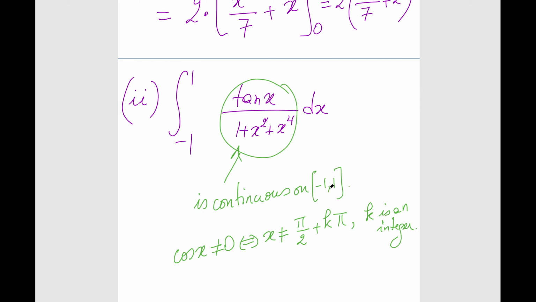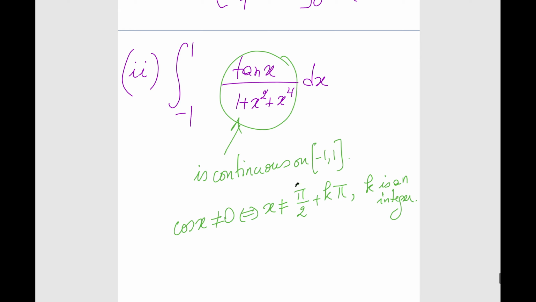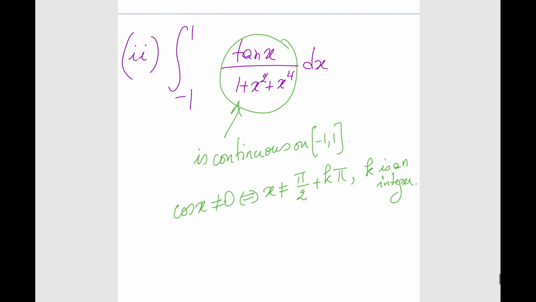And what are we talking about here? Minus 1, 1. Does minus 1, 1 contain any of those points? Well, let's see. If k is 0, a bad point would be pi over 2, right?